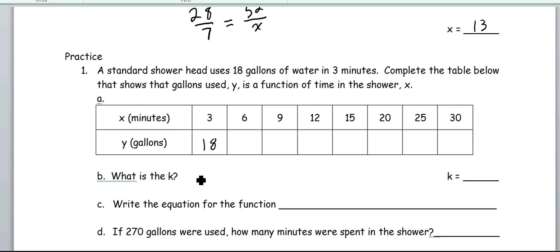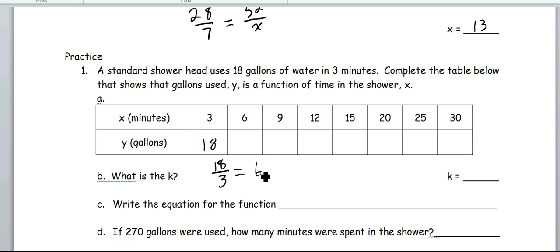Let me finish reading. Complete the table below that shows the gallons used, y, is a function of the time of the shower, x. So for the k, let me just do 18 divided by 3 equals, and this is using our formula, k equals y divided by x.